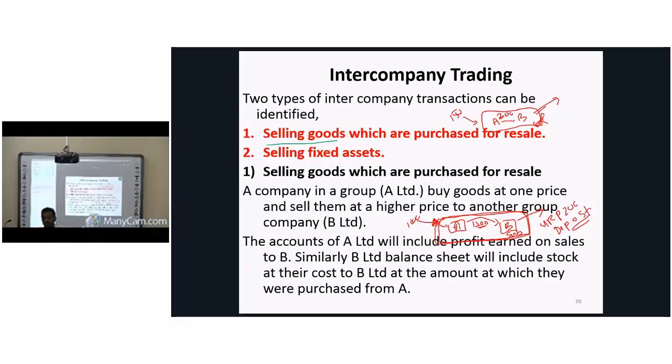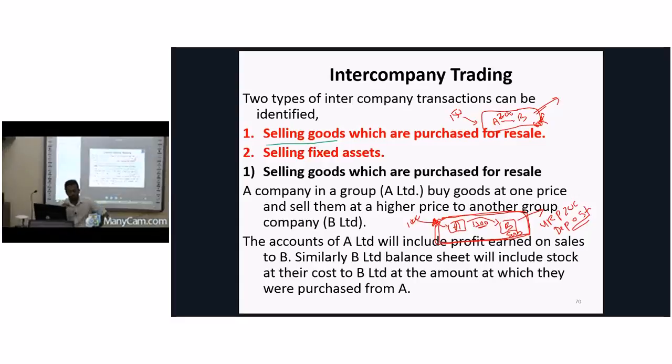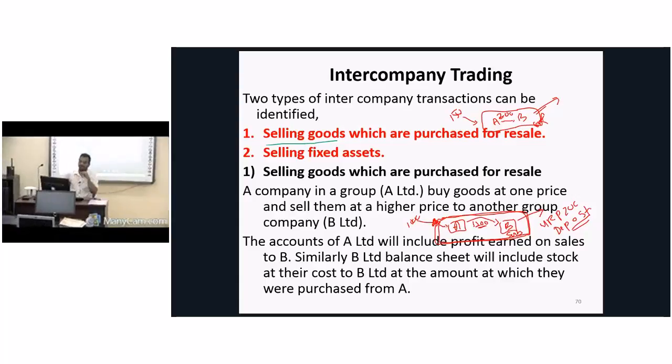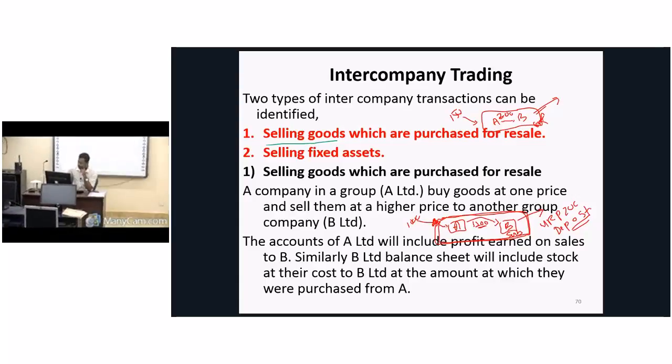One is sale of goods or sale of inventories, another one is sale of fixed assets by one entity to another inside the group, remember. So I am going to discuss first intercompany trading of inventories. Very simply, look at this. There are two kinds of scenarios.